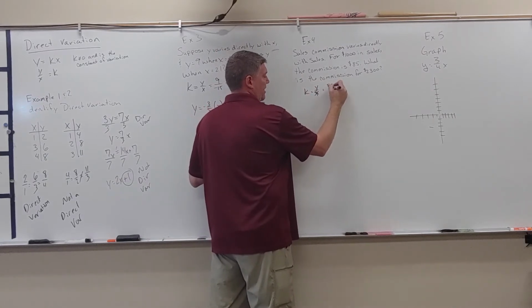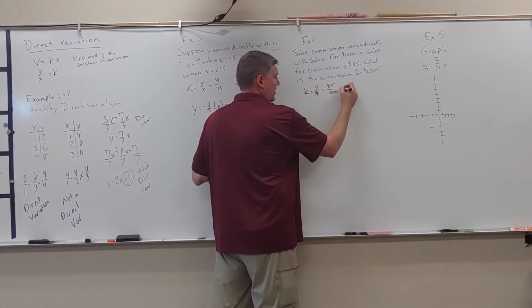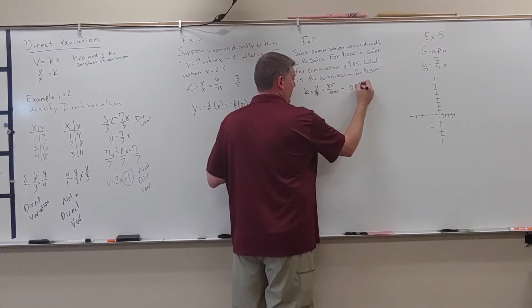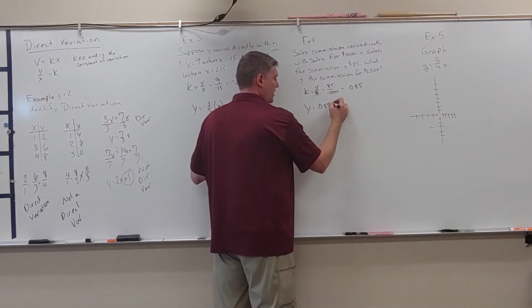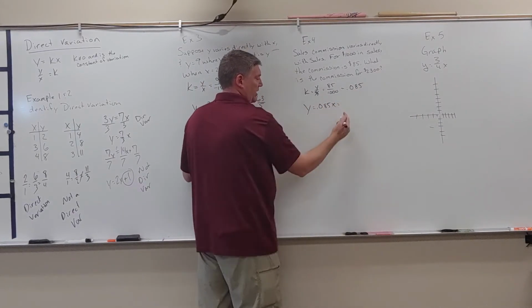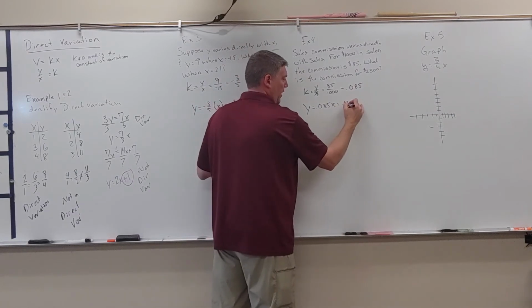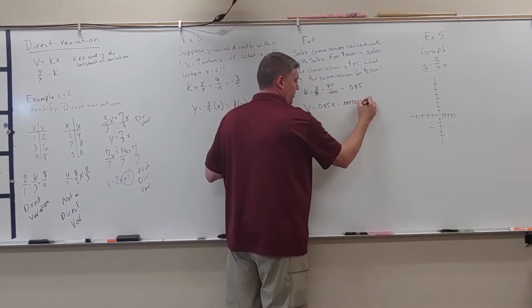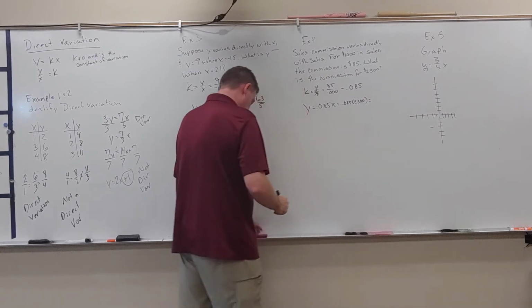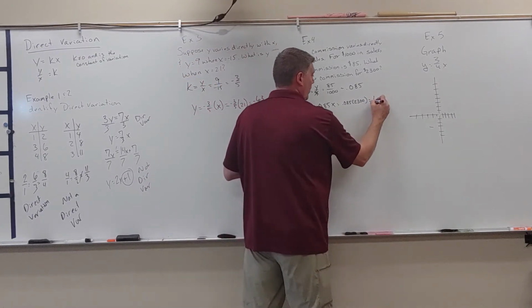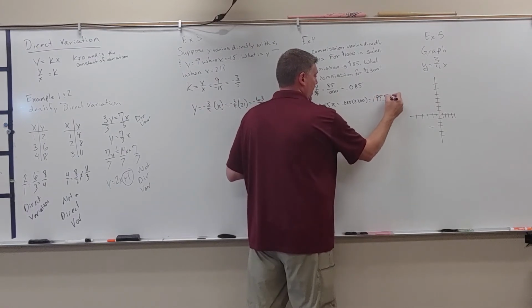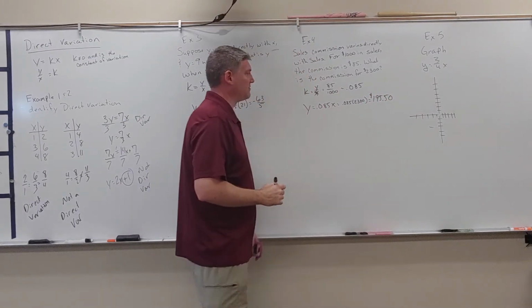That's going to give me 85 over 1,000, which is 0.085. Now I have my equation, y equals 0.085x. I'm going to plug in 2,300. 0.085 times 2,300 is going to give me, I think, 195.5, so $195.50.